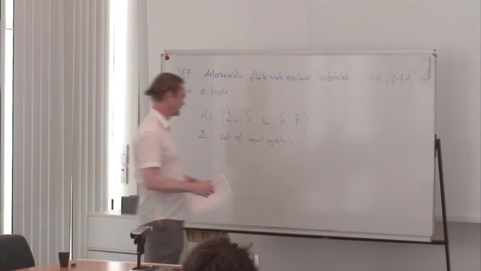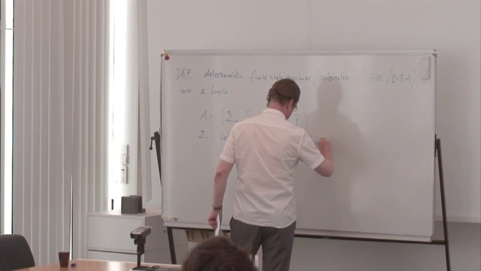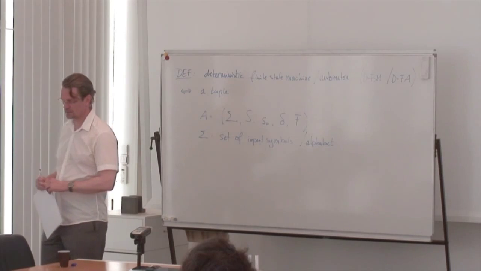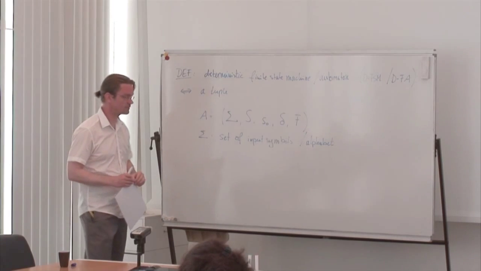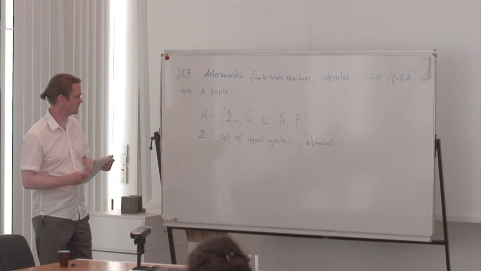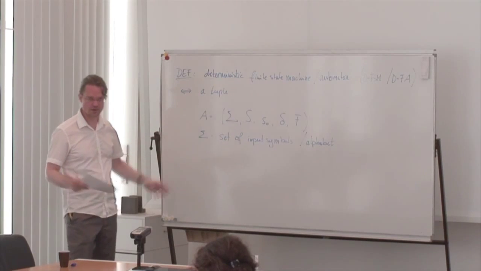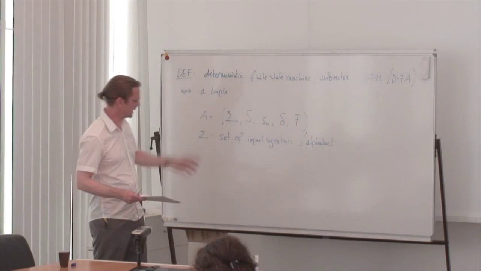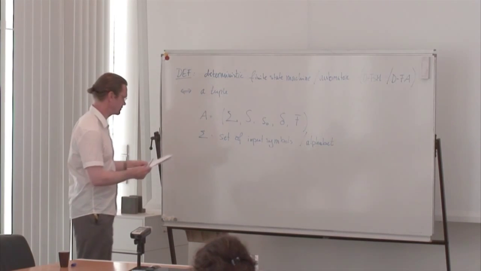And traditionally, this set is also called the input alphabet, because one of the very, very important use cases for practical applications of finite state machines are, of course, in computational linguistics and language processing, where these computational paradigms are used to parse text. And in the case of text, we're talking about alphabet. So I might again use the term input symbol or alphabet interchangeably. You have to live with that.